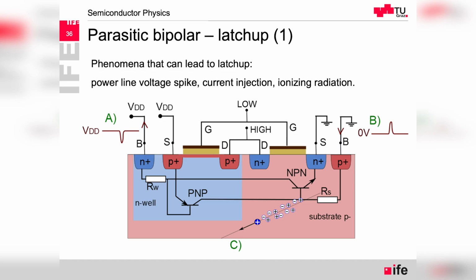It might be just a transient effect and disappear. But if we have enough bad luck, then because of the parasitic resistance, both resistances being parasitic and related to low doping of the semiconductor, but important enough, it could cause forward bias of the base-emitter of this transistor, which then results in collector current through here, which in effect sustains the base-emitter voltage of the NPN.